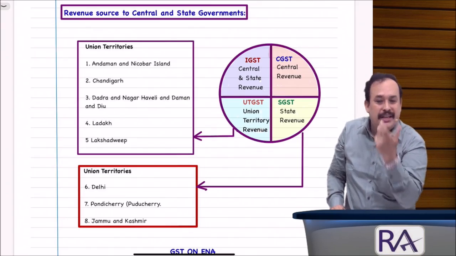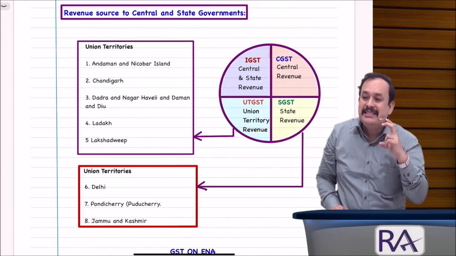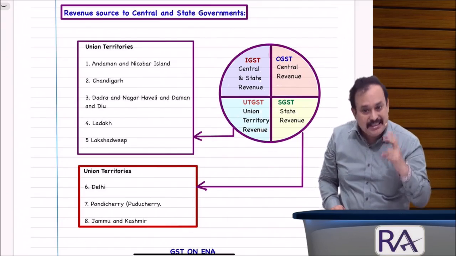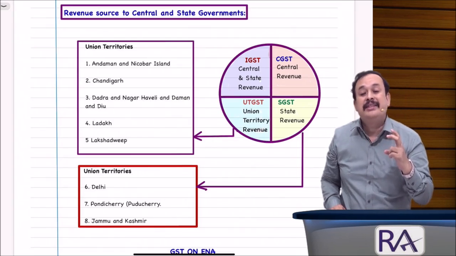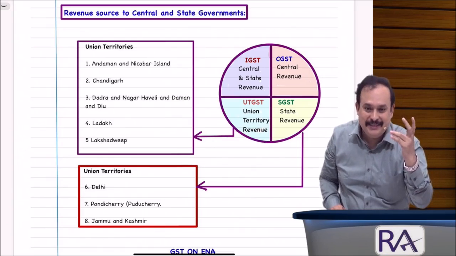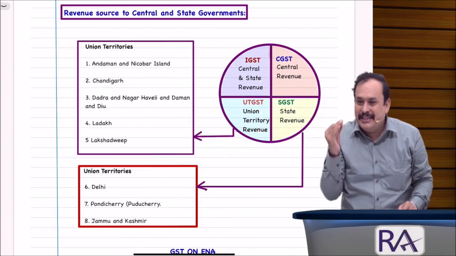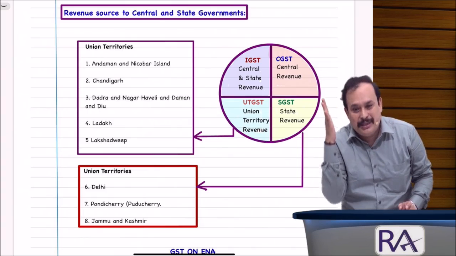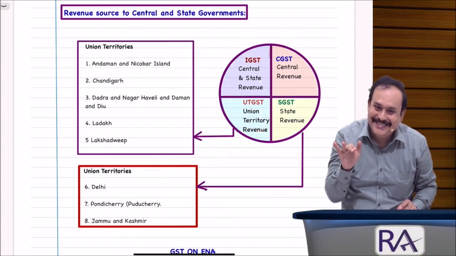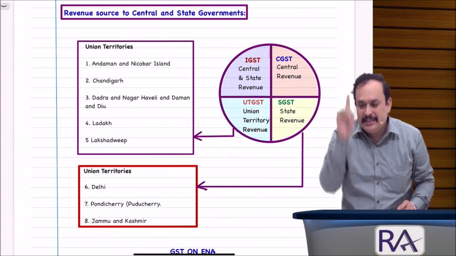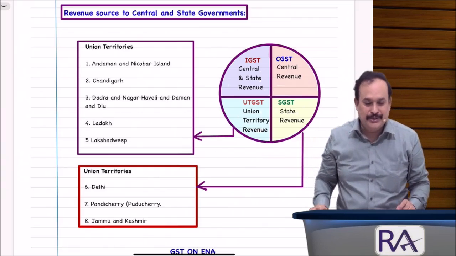Pondicherry, called Puducherry, though it may be a union territory, has its State Assembly and also passed the State SGST Act, resulting in SGST applying in Delhi and Pondicherry, though they may be union territories. Is it clear, my dear sir? This point I would like to illustrate with the help of a numeric example, as follows.